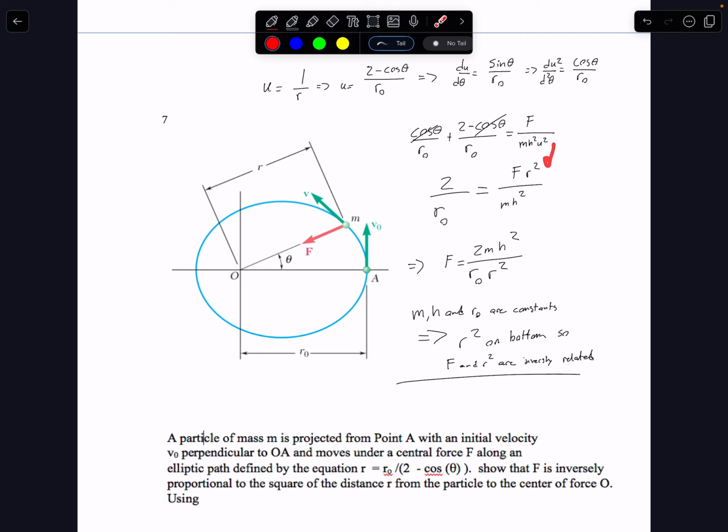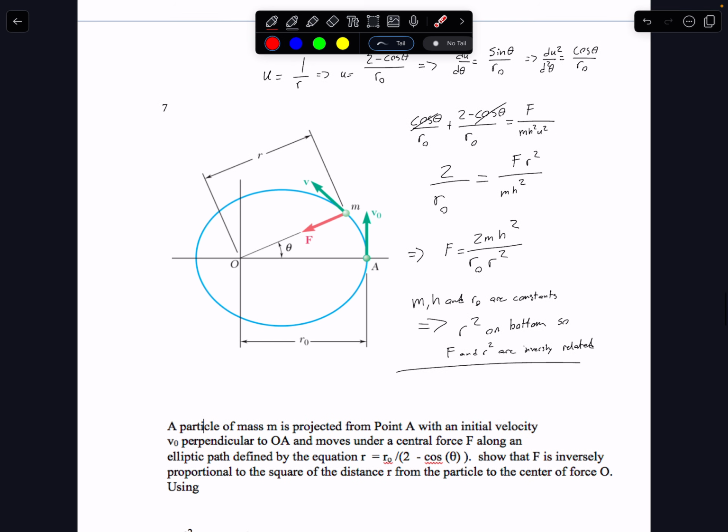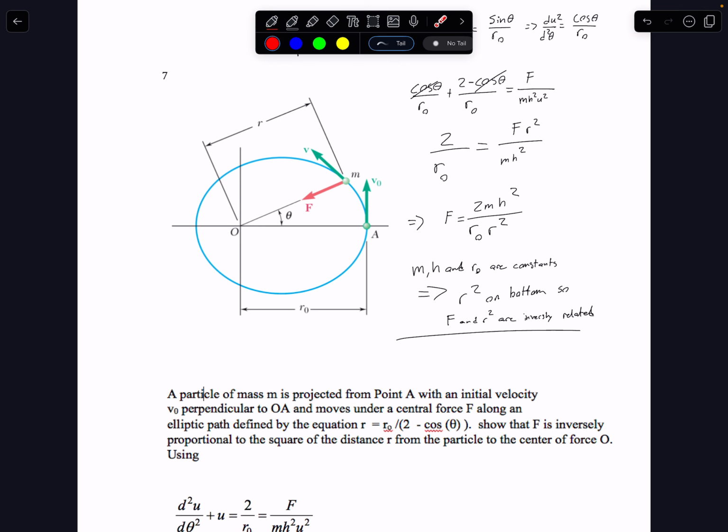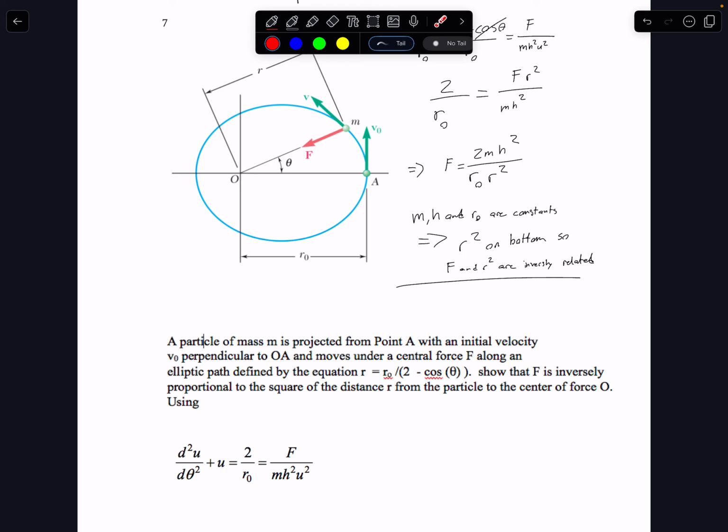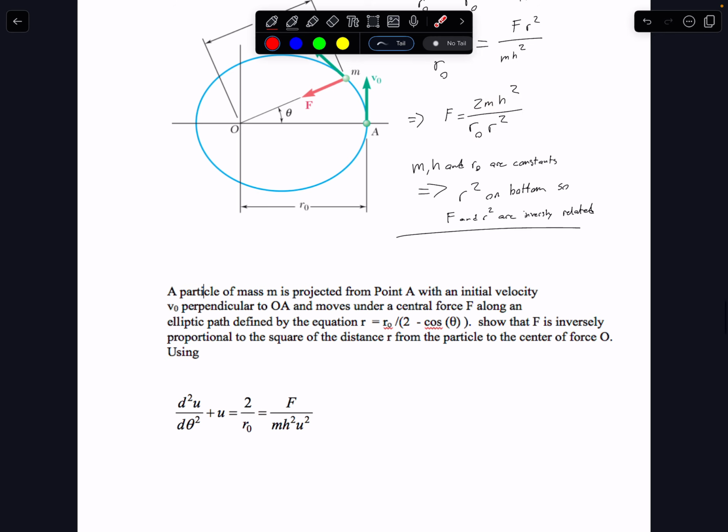So rearrange some things there, and then do some algebra, and we get to our final step. And we see that f is equal to 2 times m times h squared over r0 times r squared. So we know that m, h, and r0 are constants, and it's all related to our r right there, which is on the bottom, so it is inversely related.